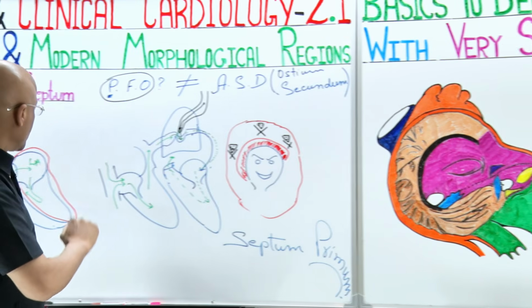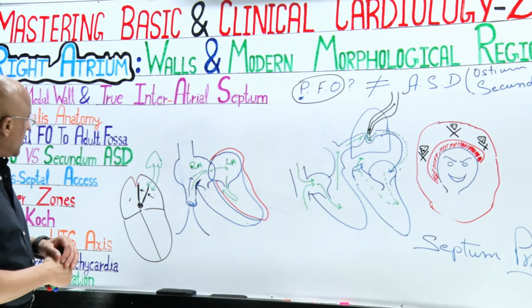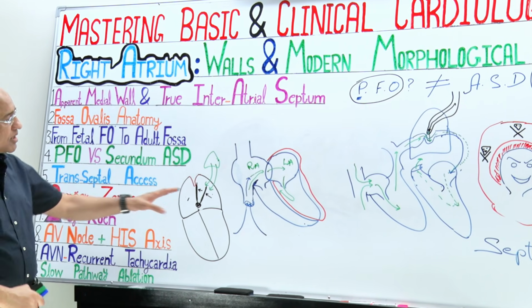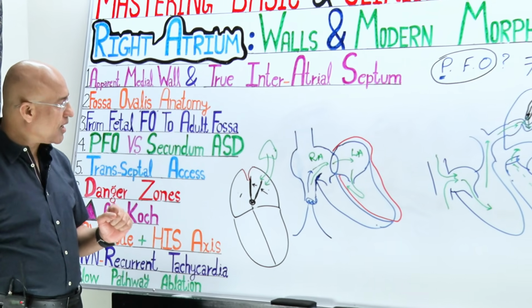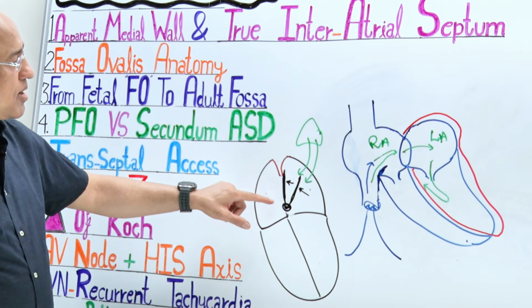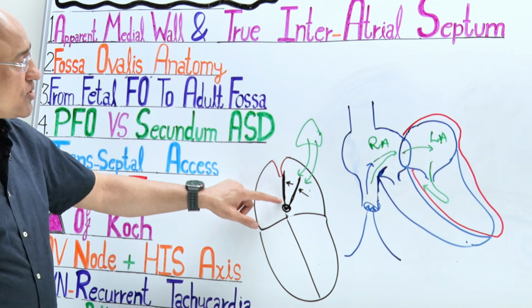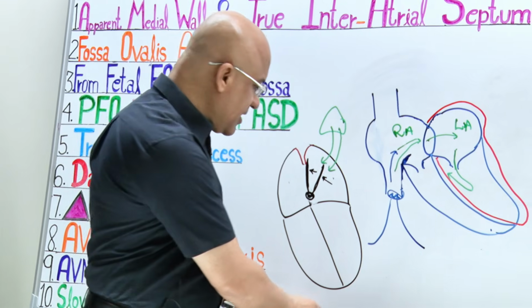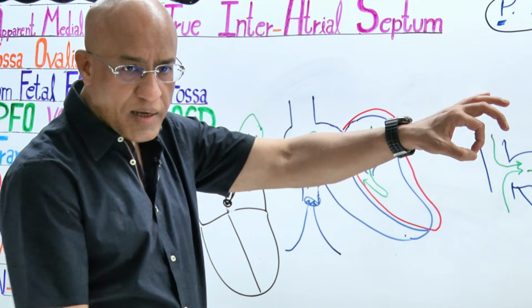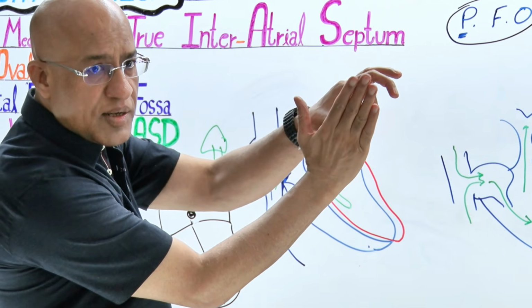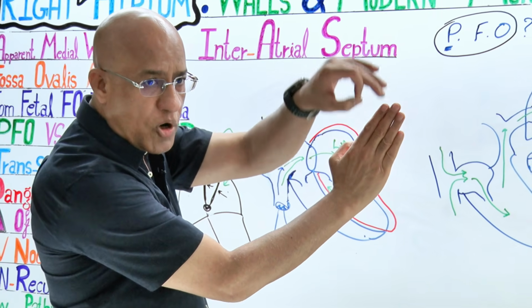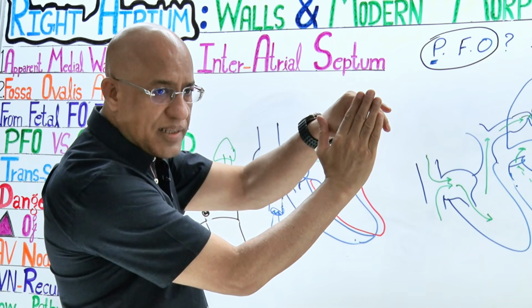Now I want to tell you something. Many students have another confusion here. They think that in most people after the birth, it is really sealed. This was the fossa, and this was the septum primum. After the birth, when the left atrium got more blood, it was closed like this.